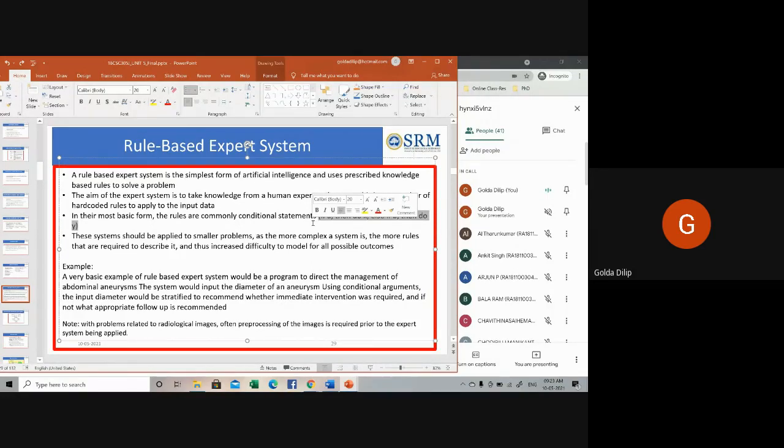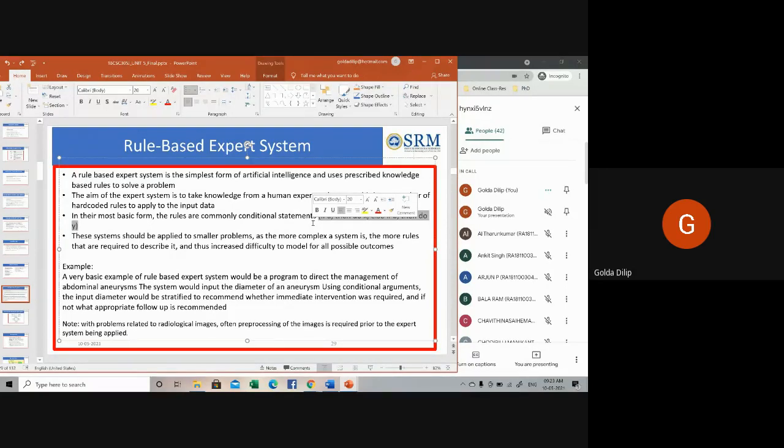For example, if the students are absent, or the students have not done the submission, then there will be no class. The rules are the ones that constitute your complete knowledge base.